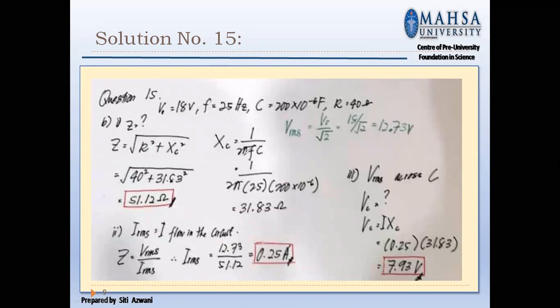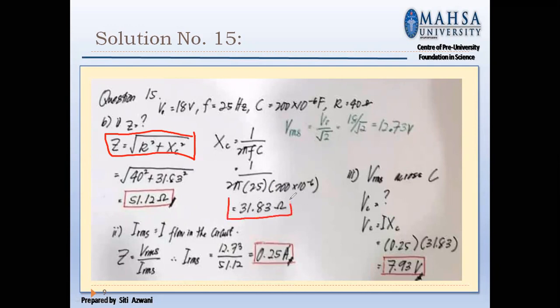The value of the resistance of the resistor is 40 ohm. First, you want to calculate the impedance, the total resistance in your circuit. So you need to consider the resistance and the capacitive reactance XC. Solve by using this formula, Z equal to the square root of R square plus XC square. Calculate for the XC, you got 31.83 ohm.